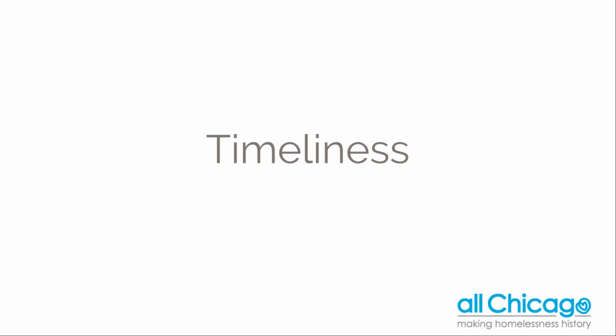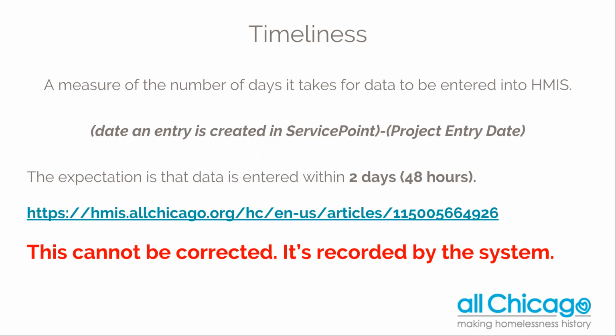You may have noticed that in the series we have not touched on timeliness whatsoever. The reason is that timeliness cannot be fixed. It's recorded in the system. It literally has to do with when you put data into HMIS. Timeliness measures when you officially started services with a client versus when you put that client's information into HMIS, and the time frame for that is 2 days.